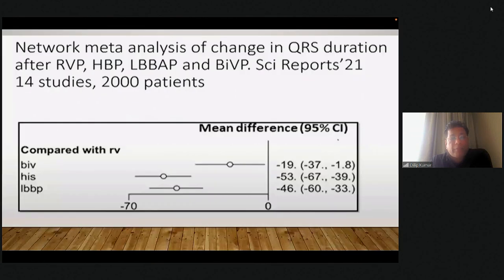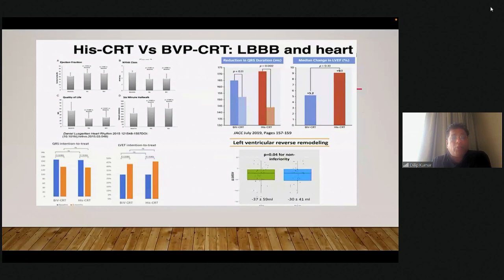So this is what has been reflected in most of the studies, and this is a 14 studies meta-analysis which reveals that once you engage HIS, you get the maximum fusion and the narrowest QRS, as compared to BIV. So HIS and optimized CRT gives you the maximum possible shortening of the QRS, followed by left bundle branch, followed by the conventional BIV pacing which we do.